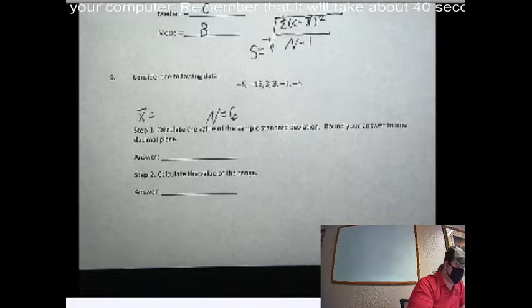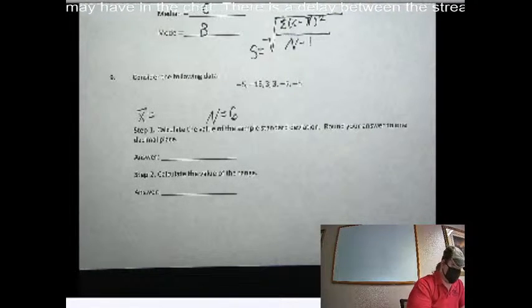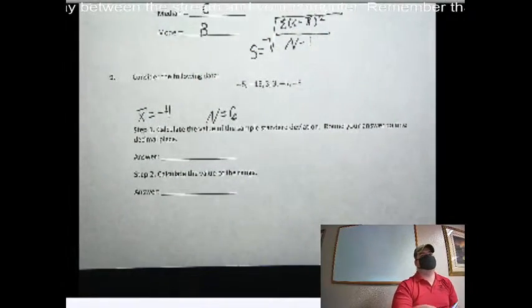Negative 5 plus negative 15 plus 3 plus 3 plus negative 5 plus negative 5. And we get negative 24. Divide that by 6. And we have an x bar of negative 4.